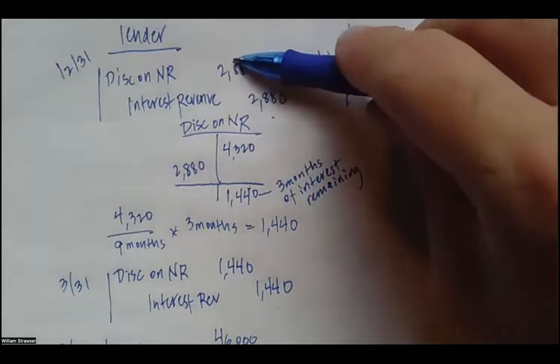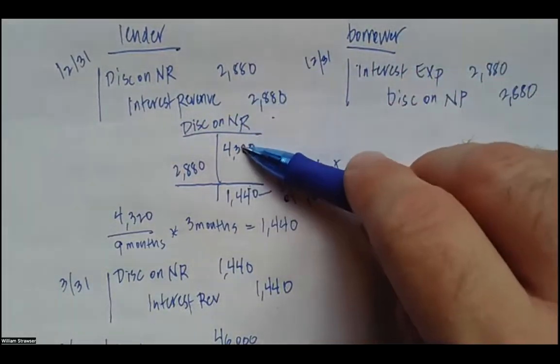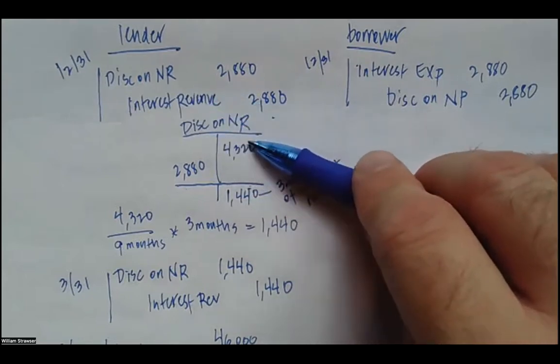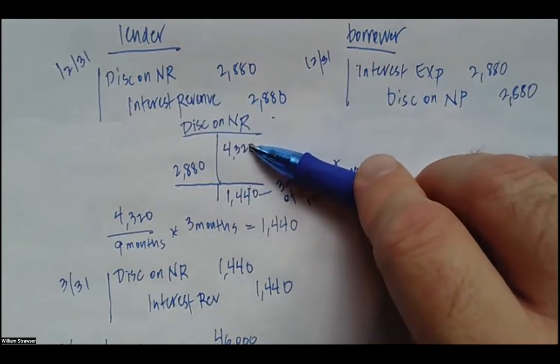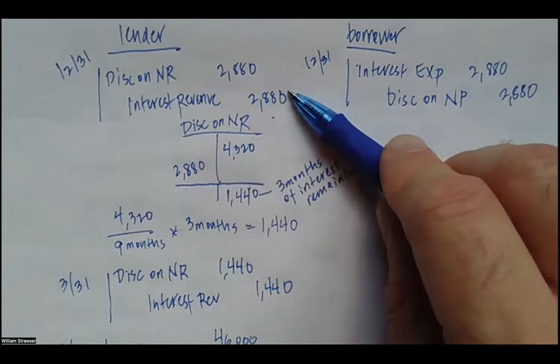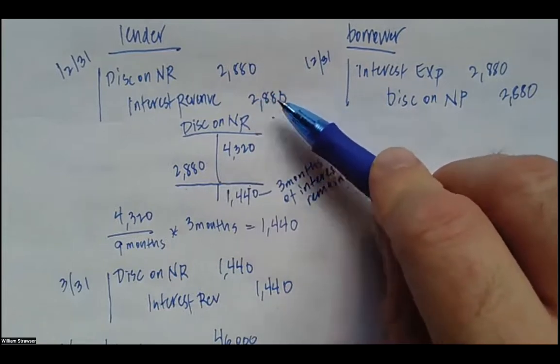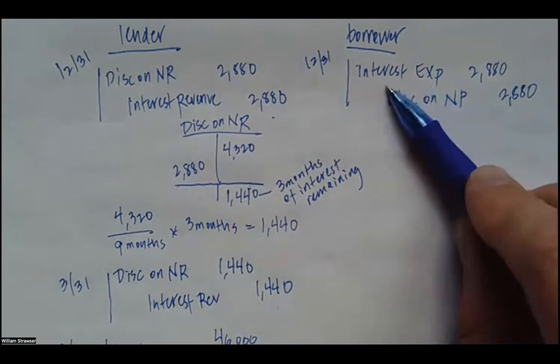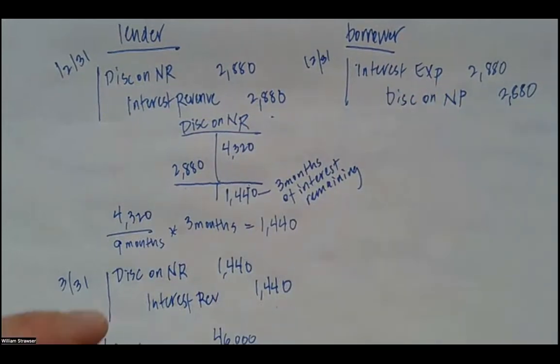And it also shows me that every dollar of note receivable that's in the discount on note receivable, every dollar as it's being reduced, is recorded as interest, either interest revenue for the lender or interest expense for the borrower. And that is being amortized over time.